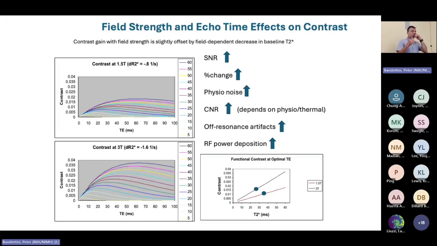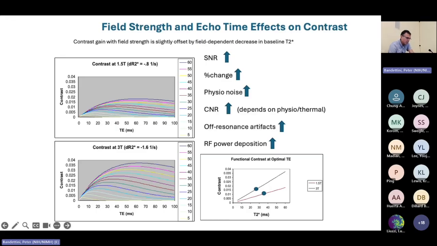If it went down a lot, then there'd be no advantage of going to 7 Tesla. Certainly, you have more signal overall, you have a little bit more sensitivity, but in terms of contrast to noise, it would be about the same. But luckily, there's an advantage because the baseline T2 star doesn't go down quite that much with high field.